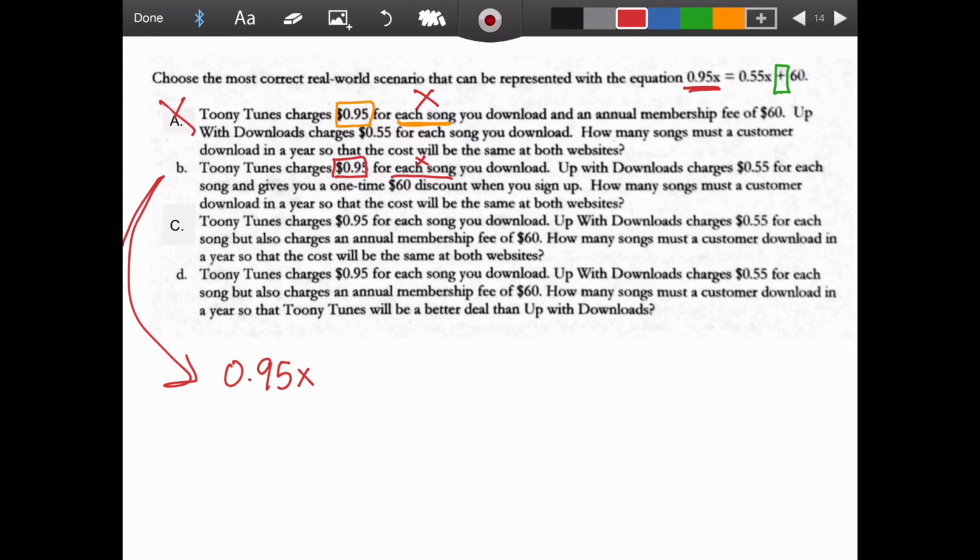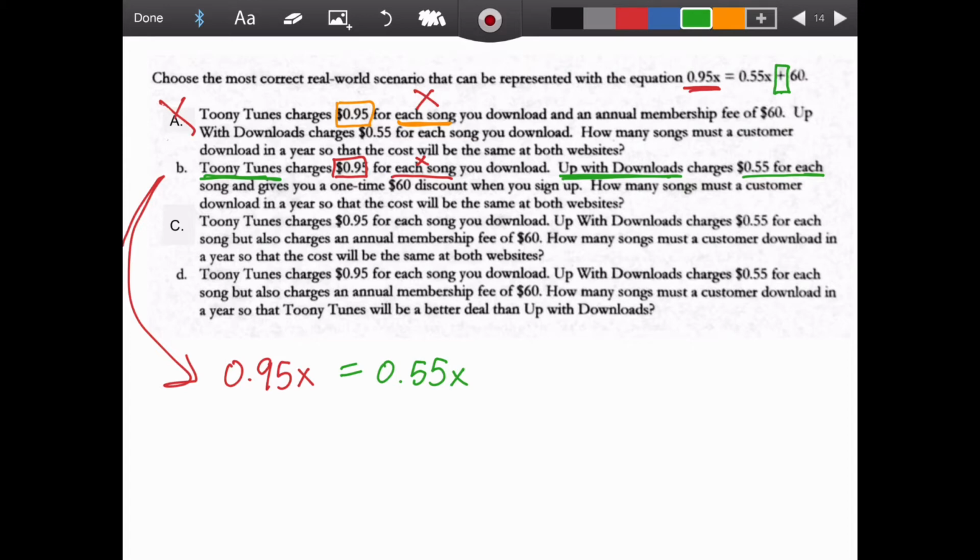So these are 2 separate companies: Tony Tunes is one, and Up with Downloads is another. Now I'm going to set my equal sign. It charges 55 cents for each song and gives us a one-time $60 discount when you sign up.